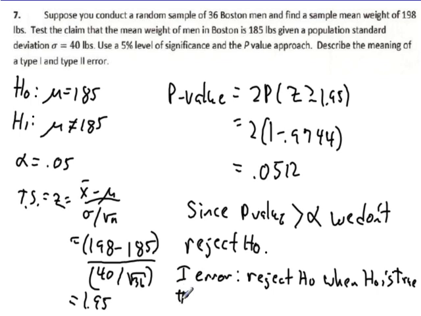And a type 2 error is when we don't reject H0 when H0 is false. So in this problem, for example, since we didn't reject H0, there's actually the possibility for a type 2 error.